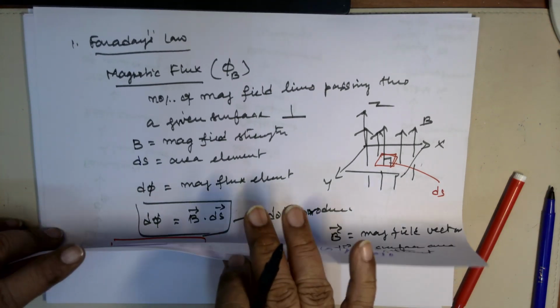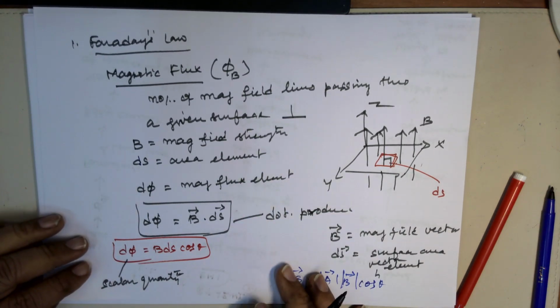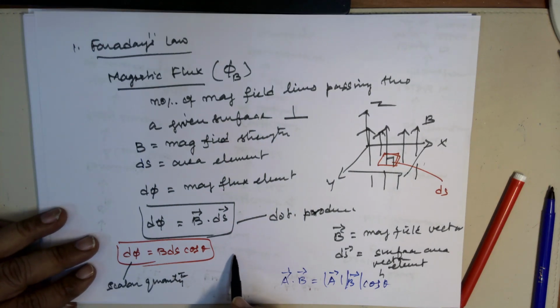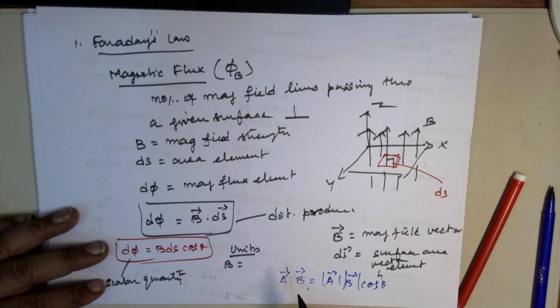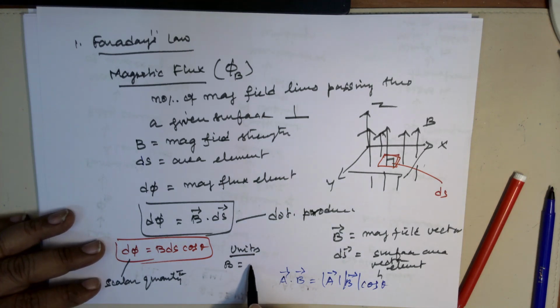And what about the unit of magnetic flux? The unit of magnetic flux is Weber.